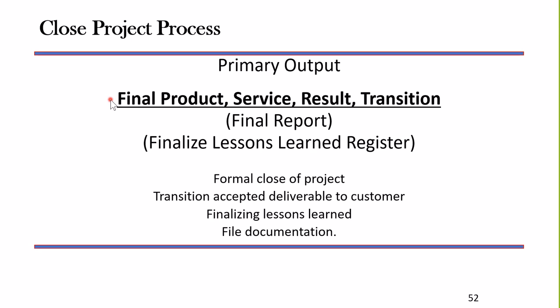As we look back over what I've been talking about, you can see how we progress from the initiation to the planning, to the executing, to the monitoring and controlling, to the acceptance of the deliverable, and then certainly to the level where the project is closed out.